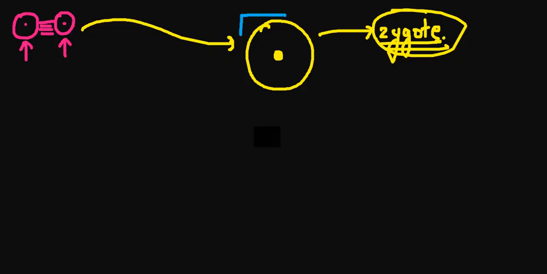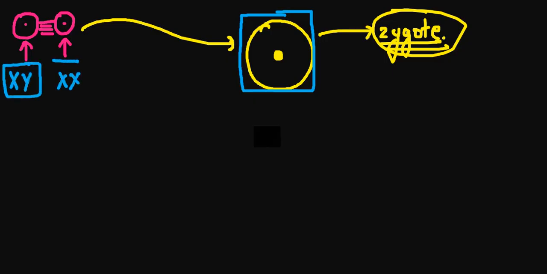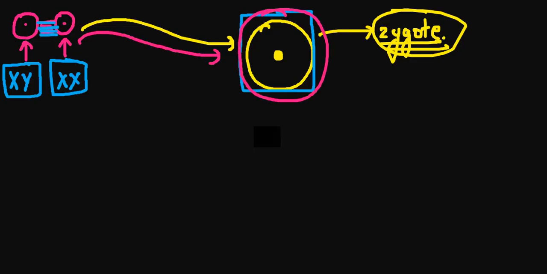But before we reach this zygote, let's find out what happened over here. This was the father, XY, and this was the mother, XX. Now fertilization takes place and it went down to a single cute little zygote.